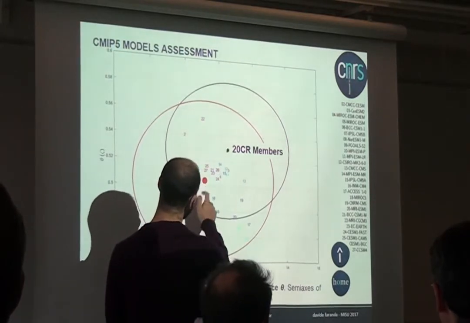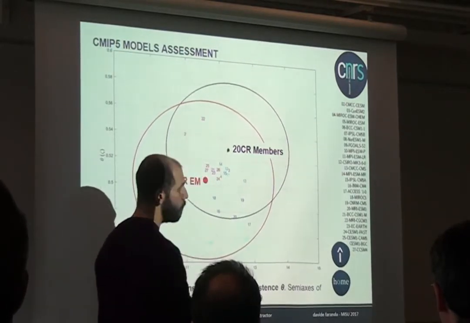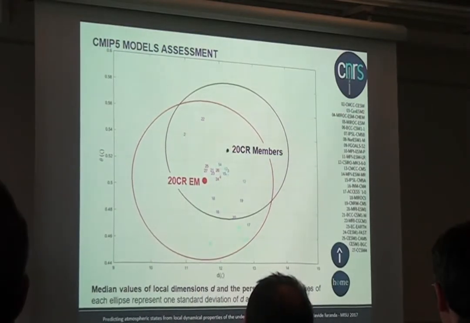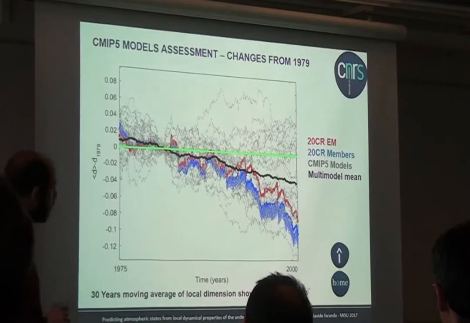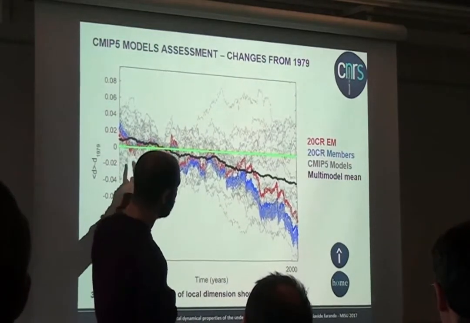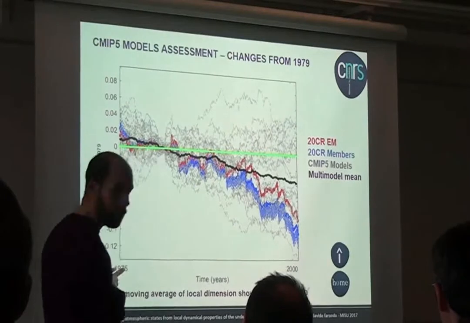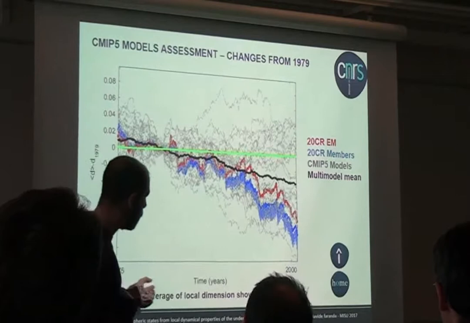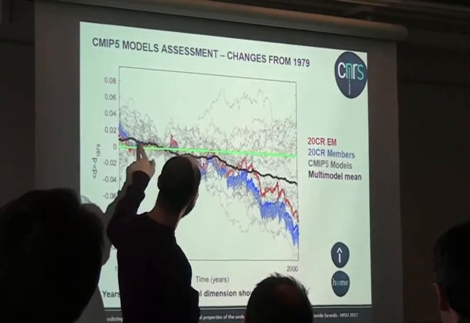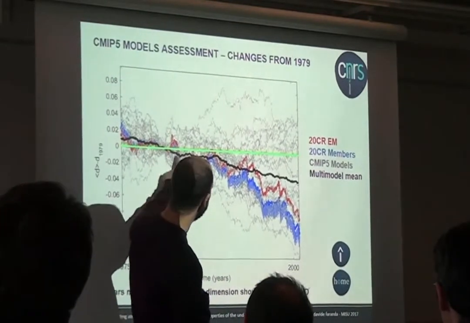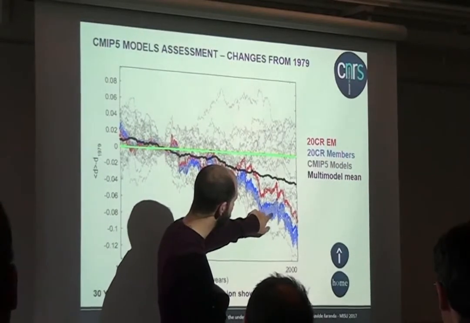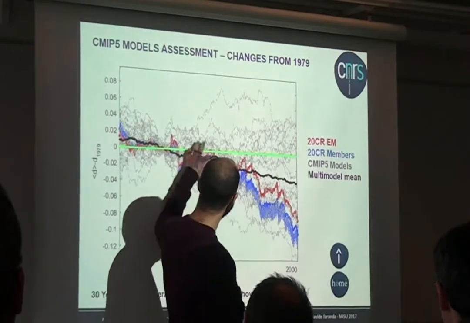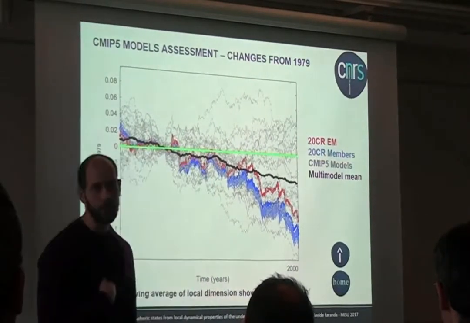The bad news is that this is doing very strange things if we look, for example, at the temporal evolution of the dimension. But the good news also is that if we look at the dimension averaged over 30 years, starting from a date that is not so problematic, 1975 up to 2000, and we look at the ensemble mean, the 20CR members in the light colors, the average of the 20CR members, and the multimodel means, we see some kind of decreasing trend in the dimension.